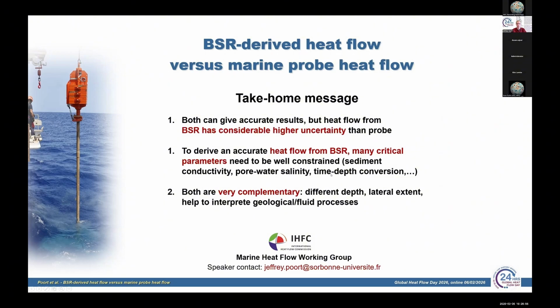We discussed them before. It's important to take care of all these parameters when you try to do this BSR-derived heat flow. The last one is that both are very complementary. They are measured at different depths, and they give information on different lateral extent. And they can help in certain cases to interpret geological and fluid flow processes.